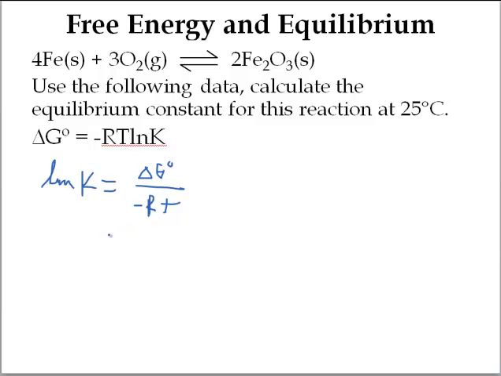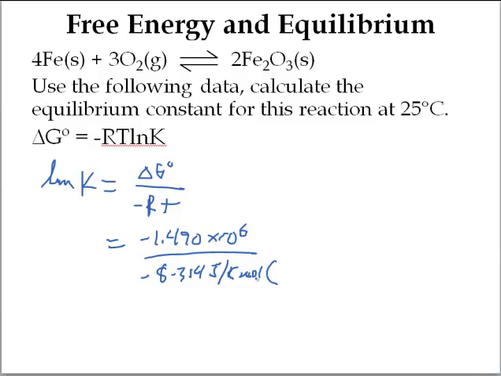Now when I plug in the numbers, which is negative 1.490 times 10 to the 6 joules, over negative 8.314 joules per Kelvin per mole, times 298 K, and work that out on my calculator, I get 601. And again, that equals the natural log of K.